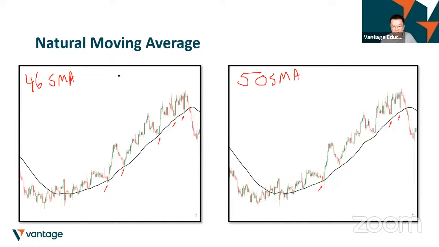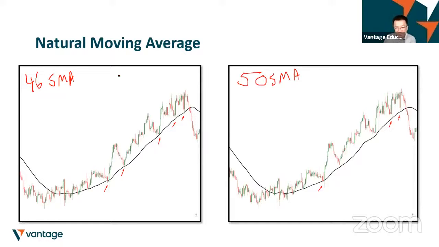One consideration for why we've done that is because 50 is just an easy round number for everyone to use and remember. One reason why it could be a 46 SMA is that as we tweak it, we start considering the possible trading days within the period.